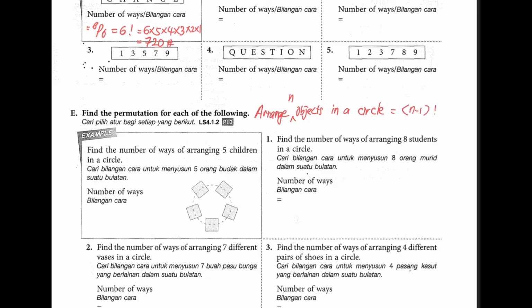So if you are going to arrange 5 children in a circle, your n is 5, so 5 minus 1 factorial, that is 4 factorial. 4 times 3 times 2 times 1, which is 24 ways. So that is the answer.